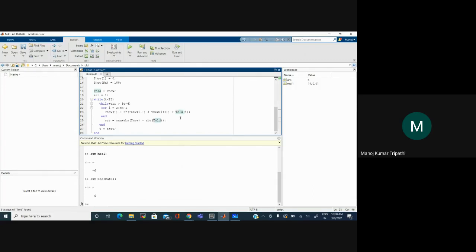Now, yeah, let us try to run this and let us try to plot it. We'll plot x versus t new. We have to define what is x. We'll do that.